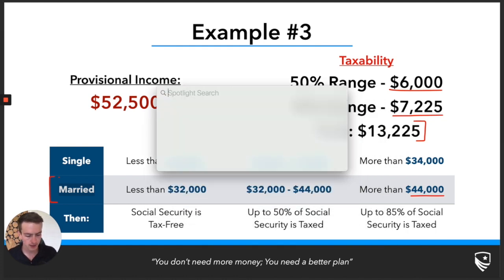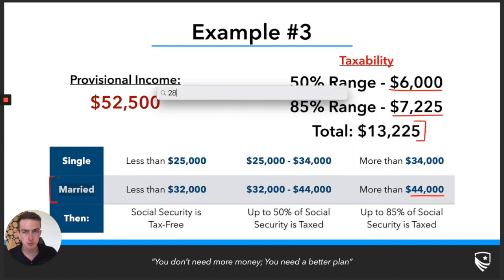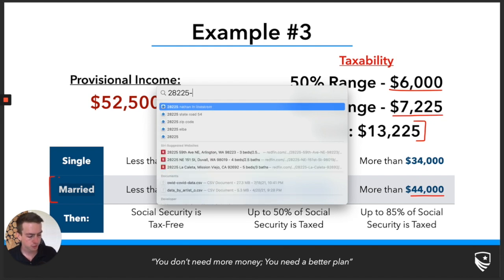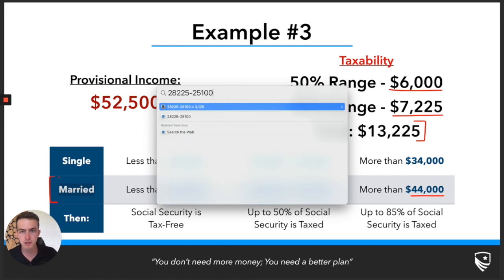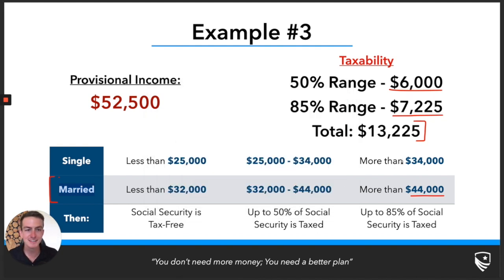So they're going to have a taxable income of $28,225. Subtract out the standard deduction of $25,100 in 2021, and they're going to have an actual taxable income of $3,125. Well, that's going to then be obviously taxed at 10% range, so they're going to owe something like $300 in taxes. So this person is taking $90,000 of income, and are only owing $300 in federal income taxes.